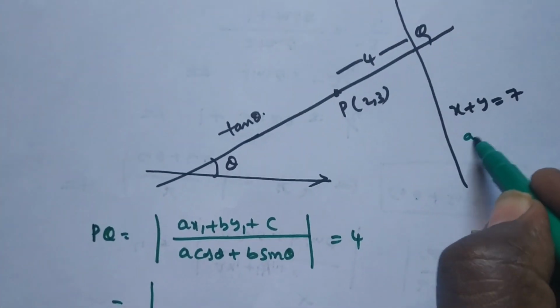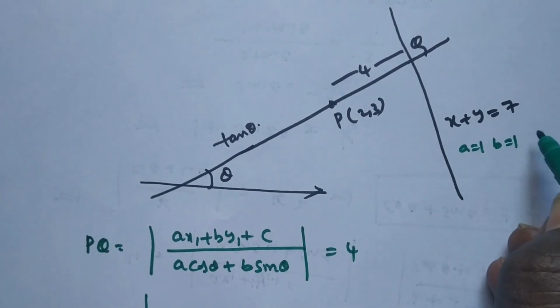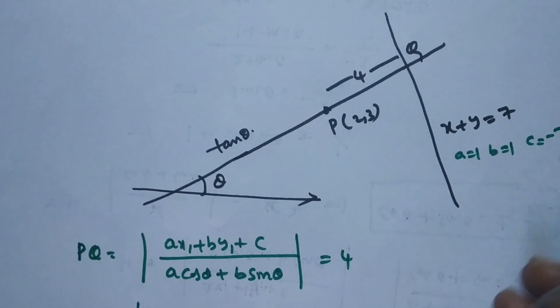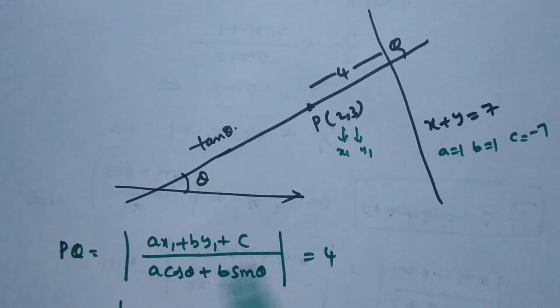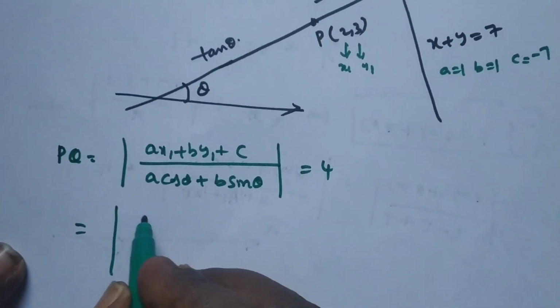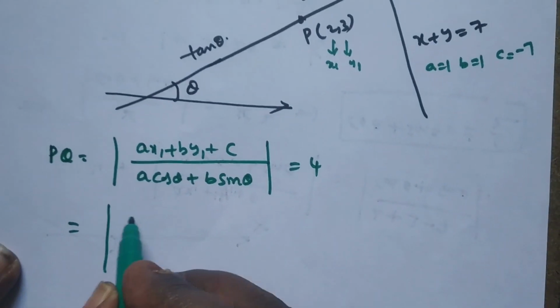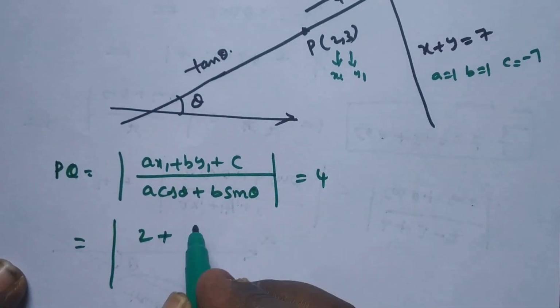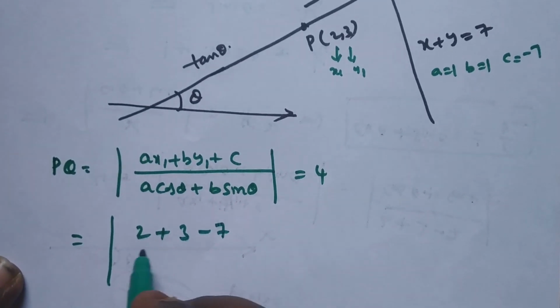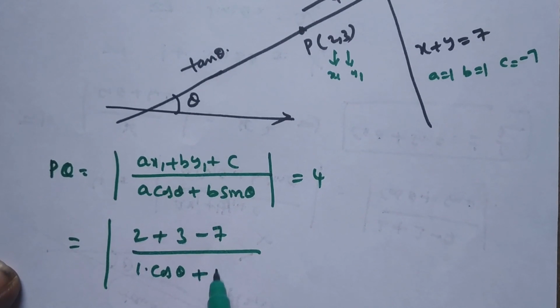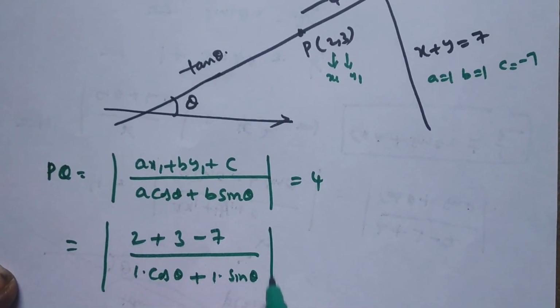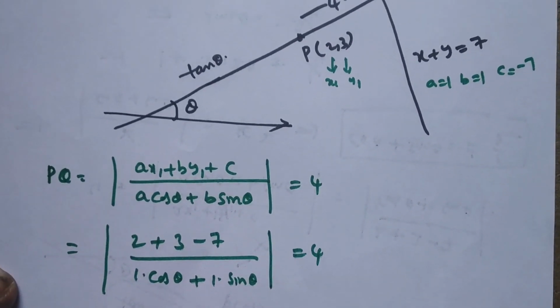What is a? 1. b is equal to 1. c equal to minus 7. This is x1, this is our y1. Substitute in the direct formula: 2 plus 3 minus 7 by 1 into cos theta plus 1 into sin theta is equal to 4.